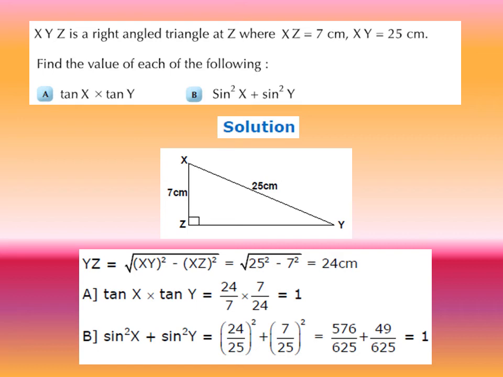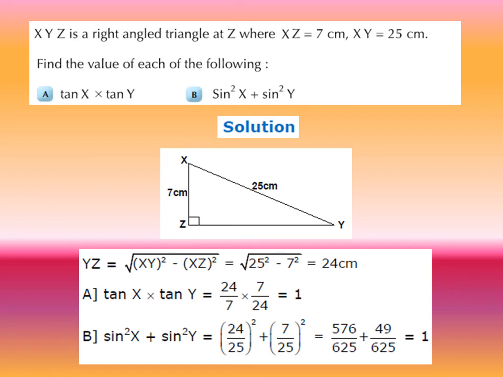Number A, tan X times tan Y. Tan X equals opposite over adjacent, opposite to angle X over adjacent of angle X equals 24 over 7, multiplied by tan Y. Tan Y equals 7 over 24, then 24 over 7 times 7 over 24 equals 1.